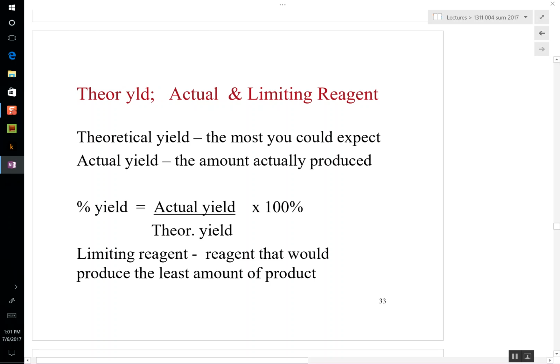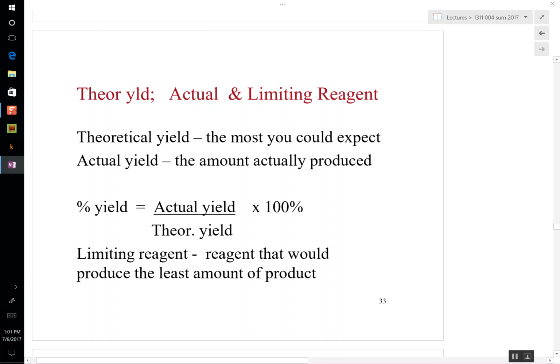Your car will run as long as it has gasoline. But when it runs out of gasoline, it still has plenty of air, but the reaction stops, right? When you run out of the limiting reagent, the reaction stops. Doesn't proceed any further.